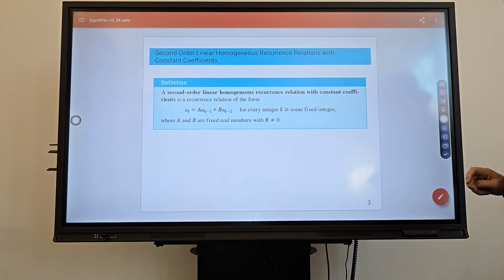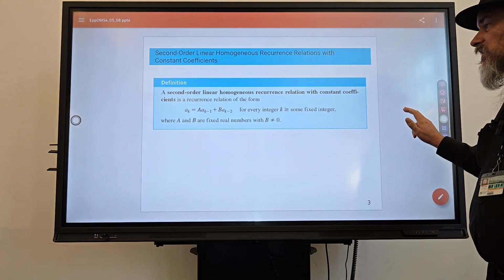Well, a second order linear homogeneous recurrence relation with constant coefficients is a recurrence relation of the form little a sub k equals big A times little a sub k minus 1 plus b times little a sub k minus 2 for some integer k greater than or equal to some fixed integer, where a and b are fixed real numbers with b not equal to 0.